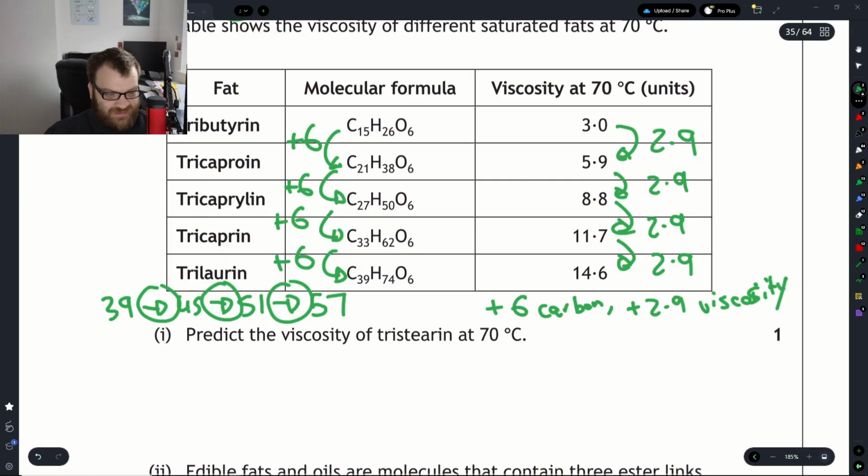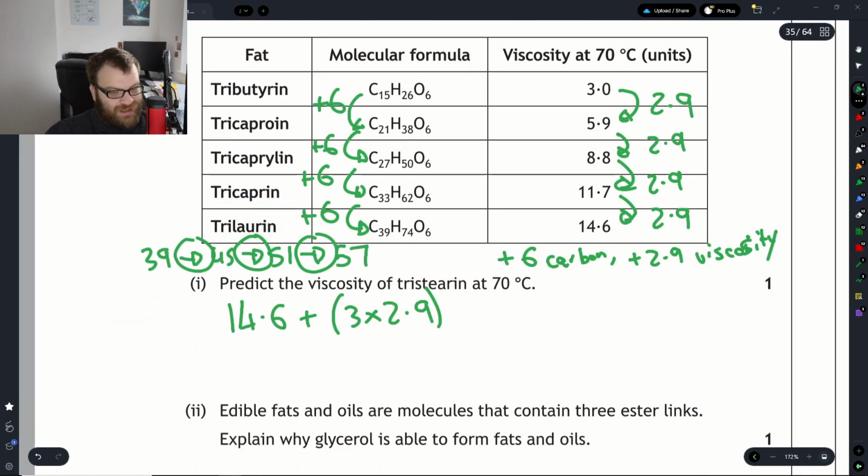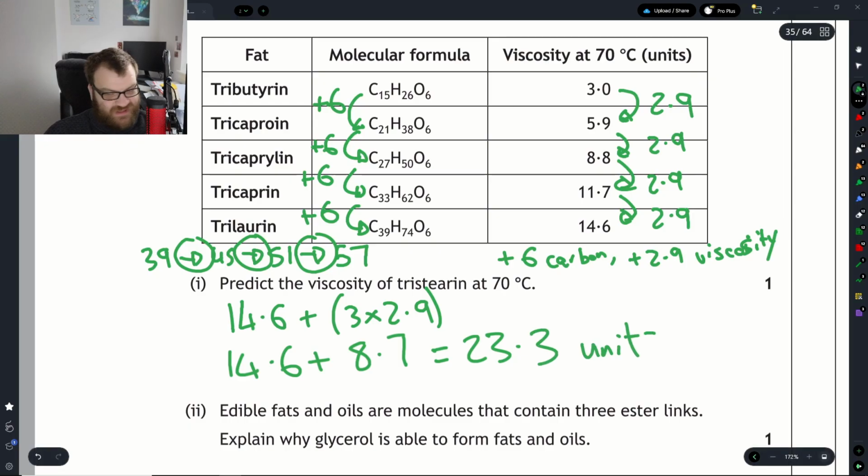What I'm going to do is say, what's going to be 14.6, because that's the last value we're given, plus 3 times 2.9. That's going to be then 14.6 plus 8.7. That will give you 23.3. That's what it tells us. Answer there.